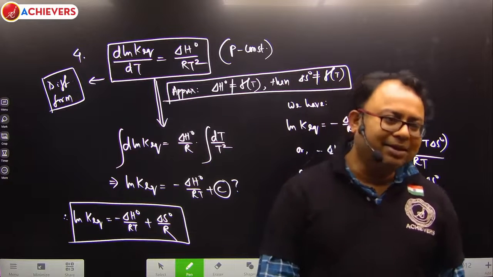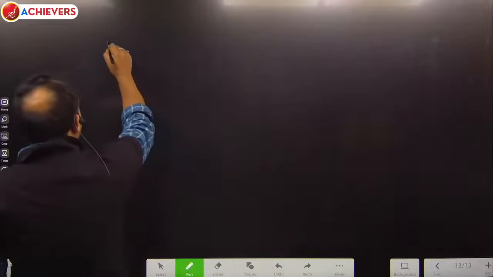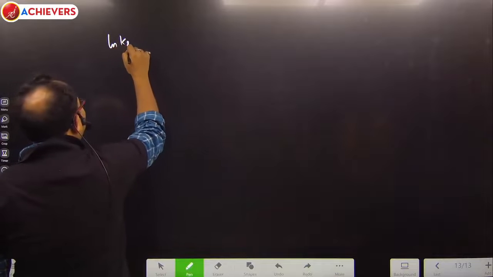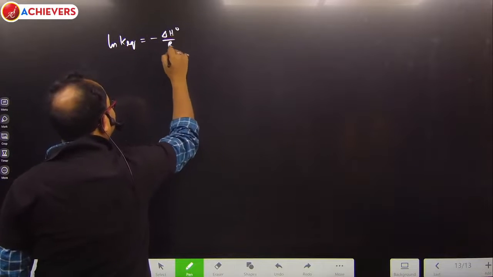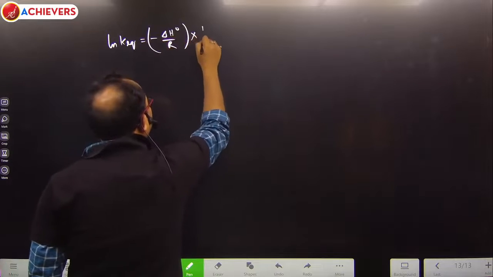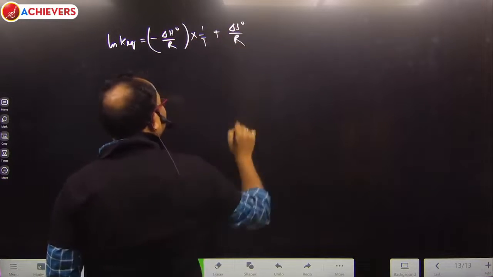See, this is a straight line equation. Let me rewrite this equation once again. ln Kq equal to minus delta H naught by R multiplied by 1 by T plus delta S naught by R. Let us write it in this manner.